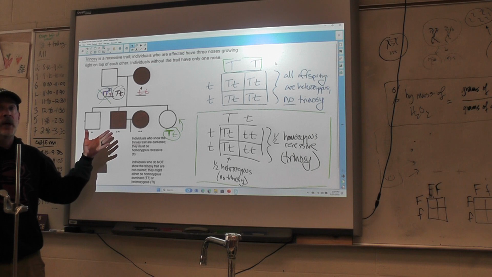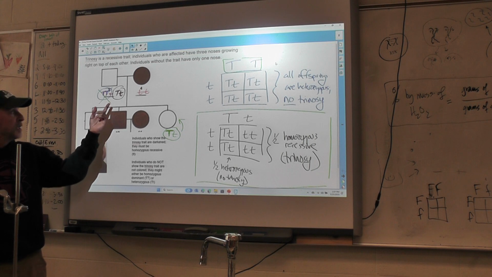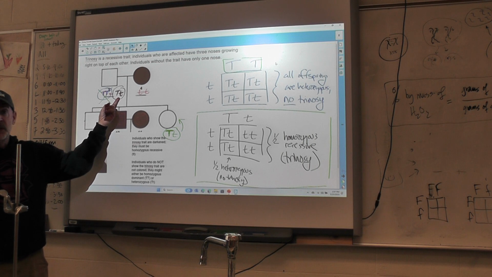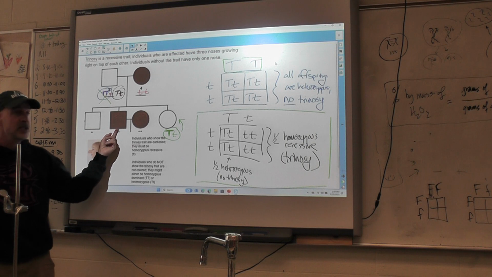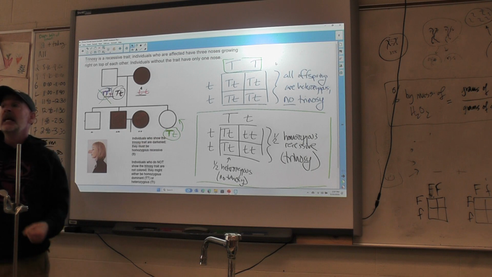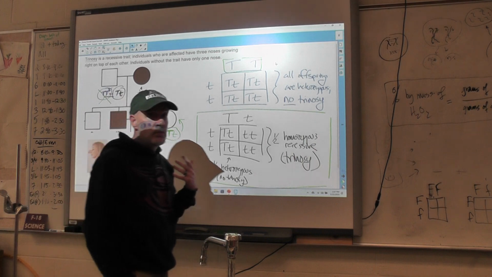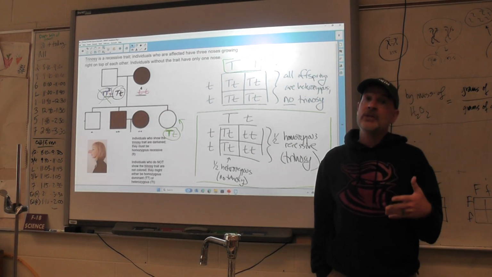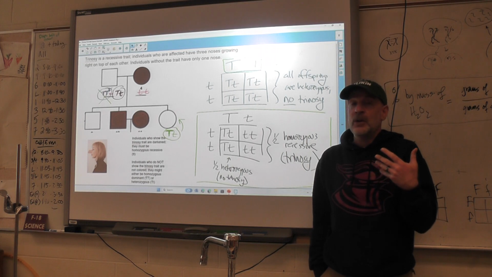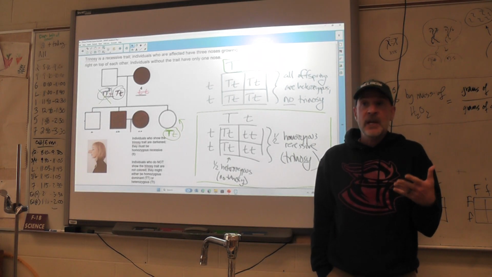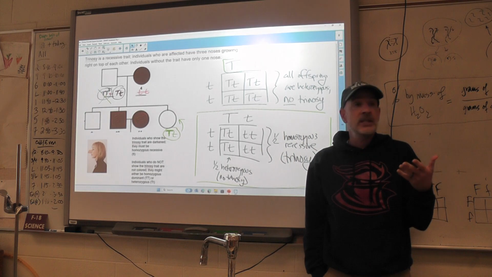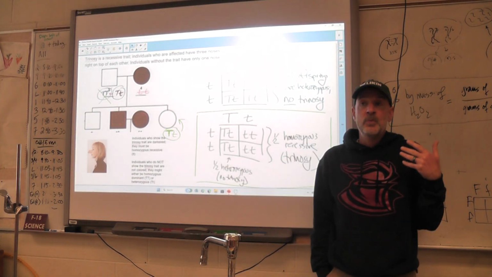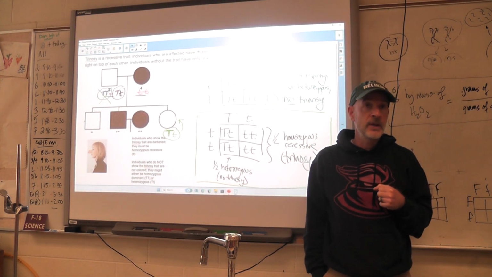But we wouldn't know if this parent had a recessive allele and it was just by chance that their offspring didn't get it. In human genetics, most people don't have enough kids to rule that out. So sometimes we end up with somebody who's an unknown genotype, because if you only have 2 or 3 kids, there's a chance that they just won't get a recessive allele from one of the parents.